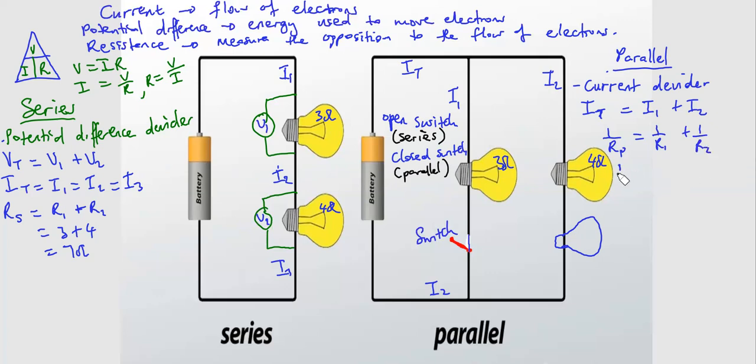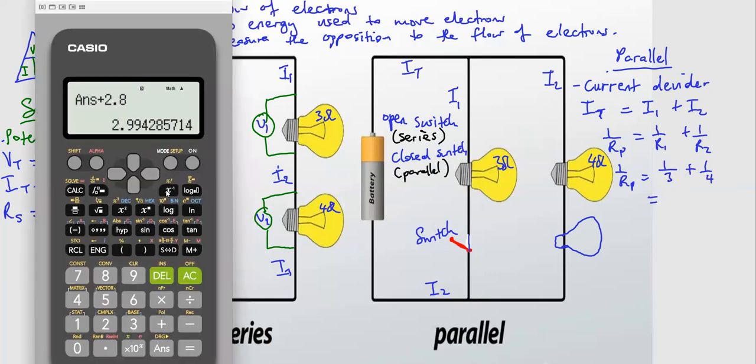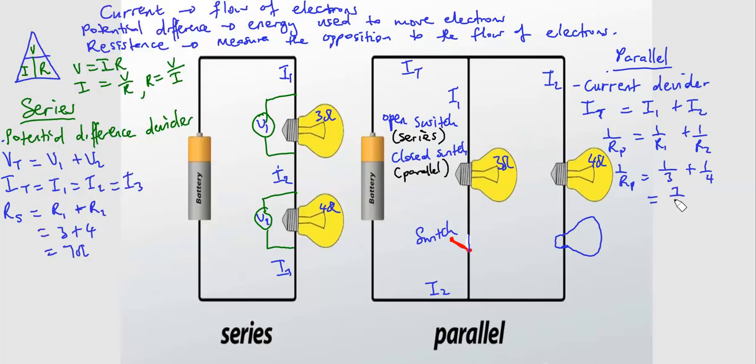So 1 over RP is equal to 1 over 3 plus 1 over 4. If we calculate that, we get 7 over 12. That's 1 over RP. To get RP, you just get the reciprocal, which is turning it upside down.